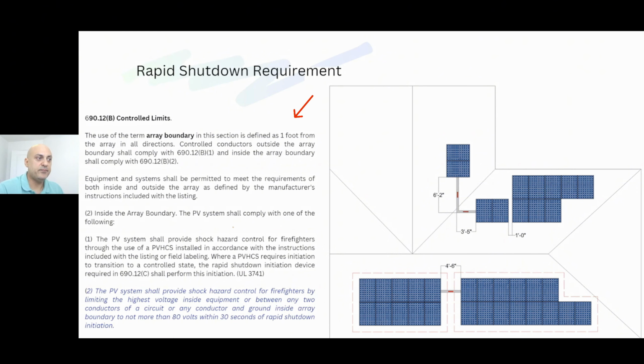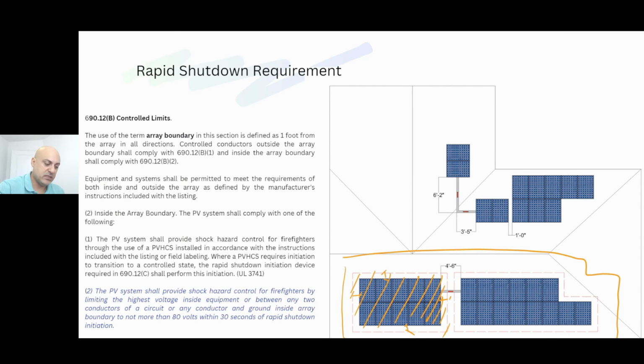You can see here how this one is defined this way. You see that perimeter, that distance from here to here in all directions of this array, does not exceed 1 foot. So anything that is inside is considered the array boundary.